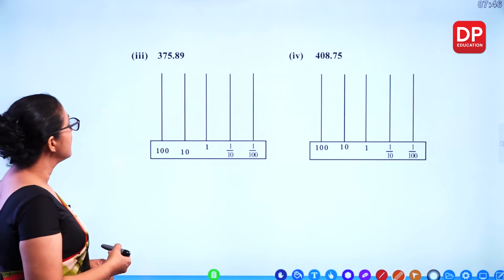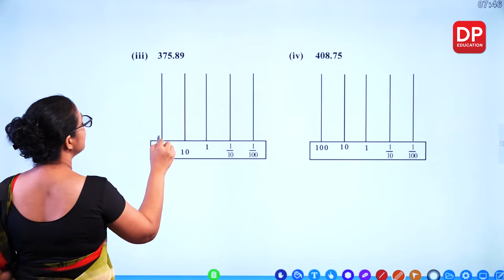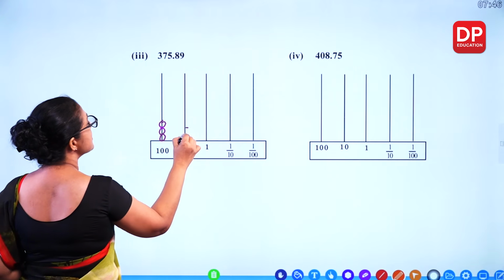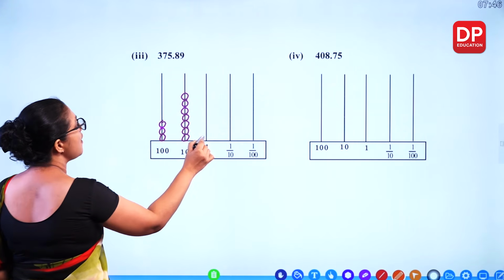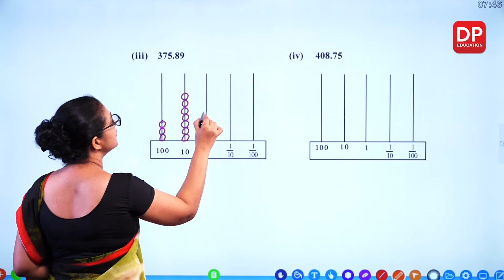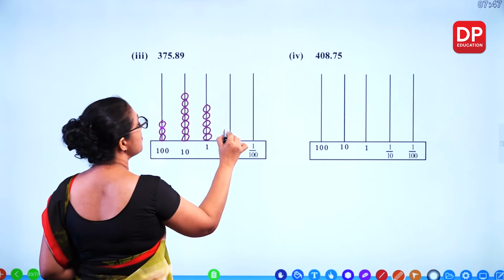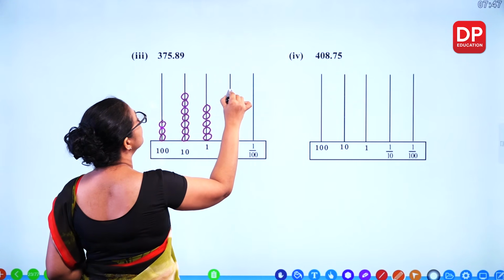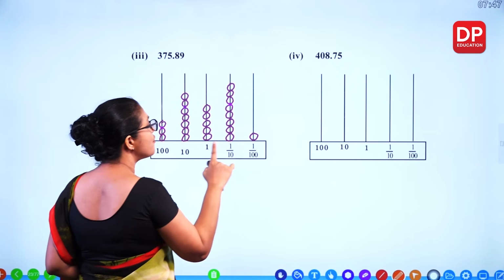375.89. So here 3 is in the hundreds place, 7 in the tens place, and 5 in ones place. And 8 in first decimal place, tenths place, and 9 in the second decimal place, that's hundredths place.